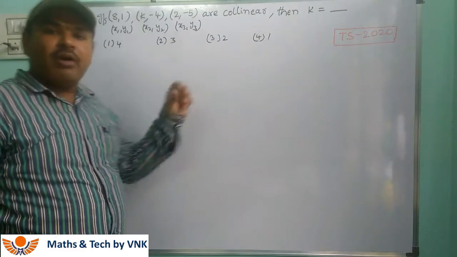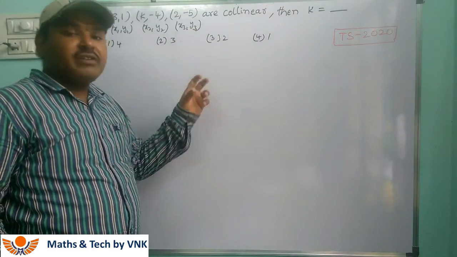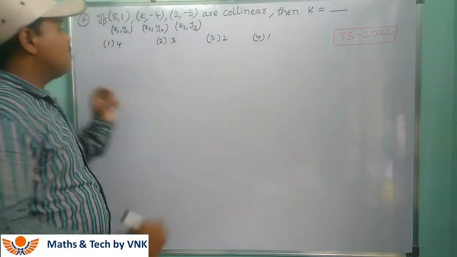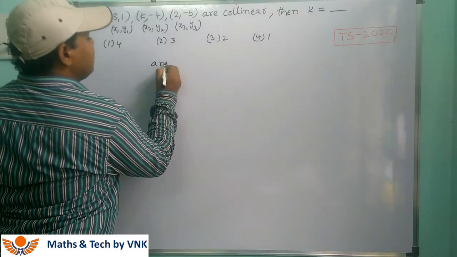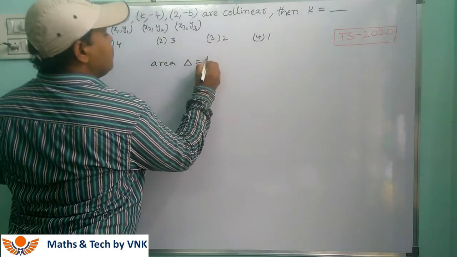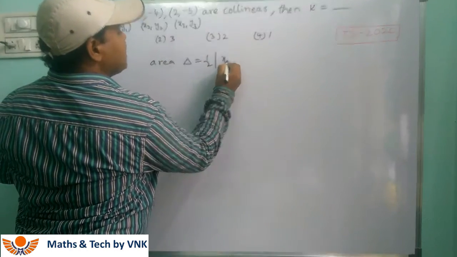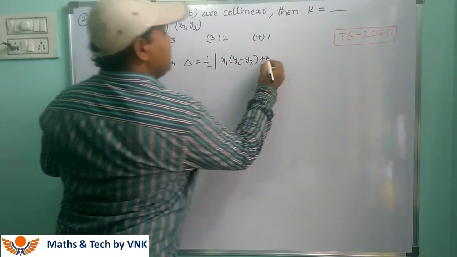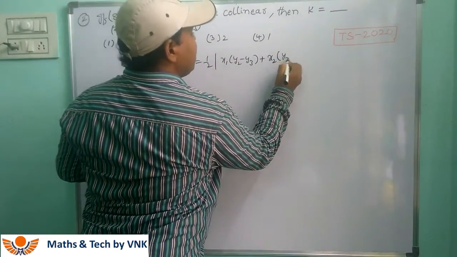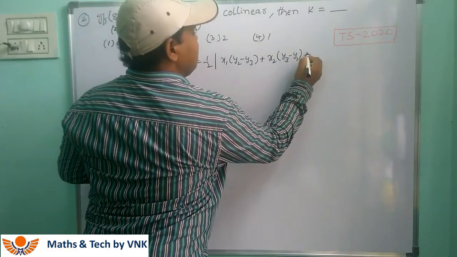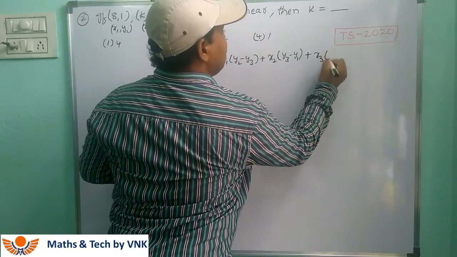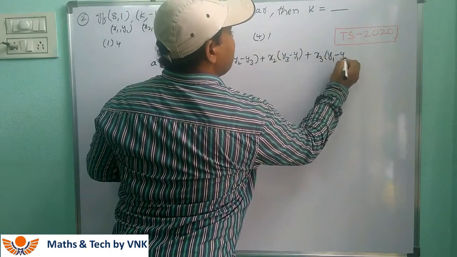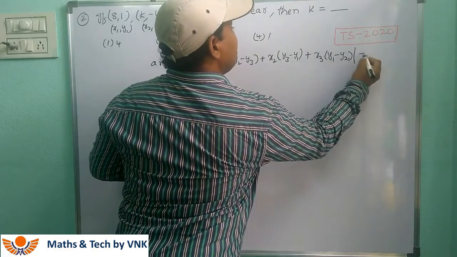So when 3 points are collinear, then the area of the triangle formed is 0. So area of the triangle delta is equal to 1 by 2 mod x1 into (y2 minus y3) plus x2 into (y3 minus y1) plus x3 into (y1 minus y2) is equal to 0.